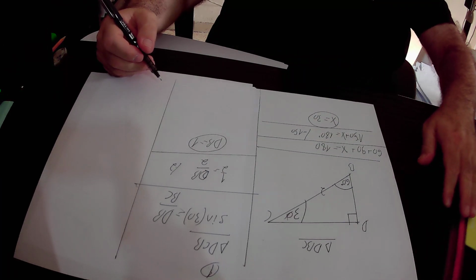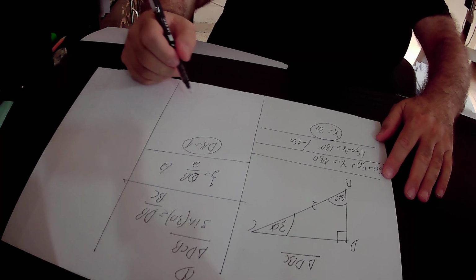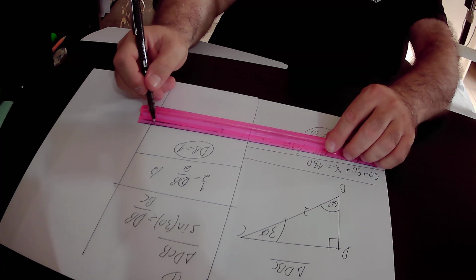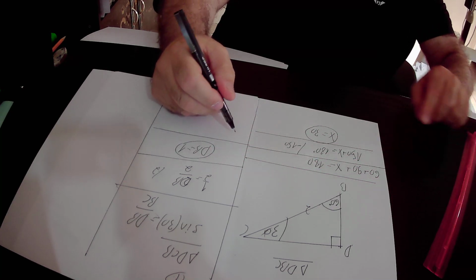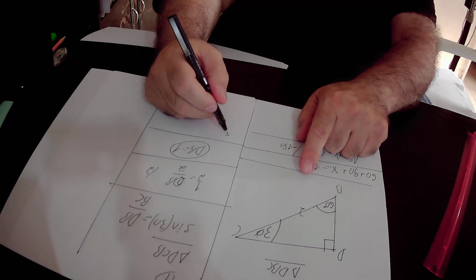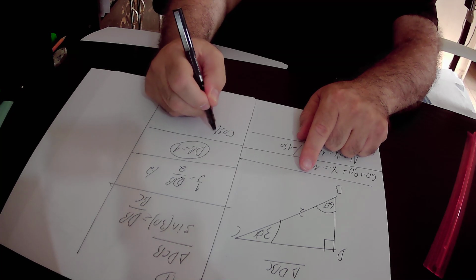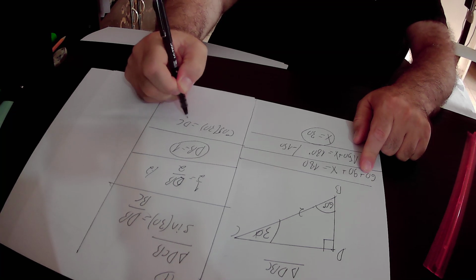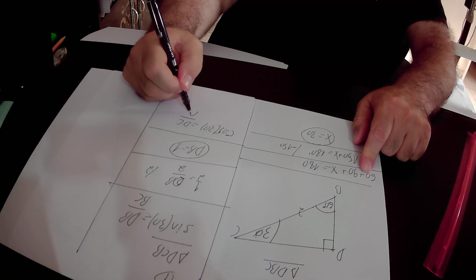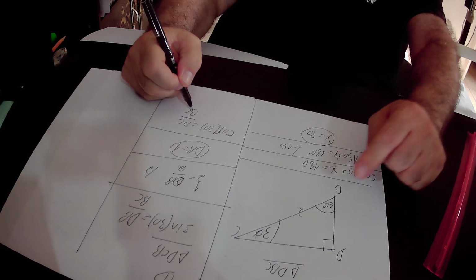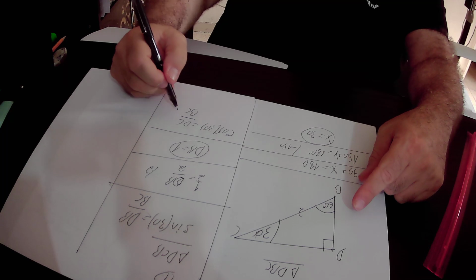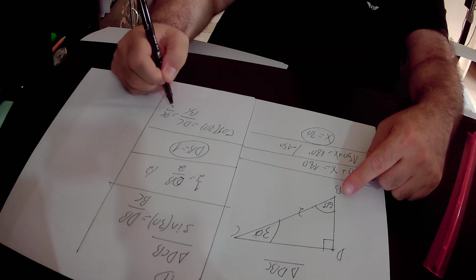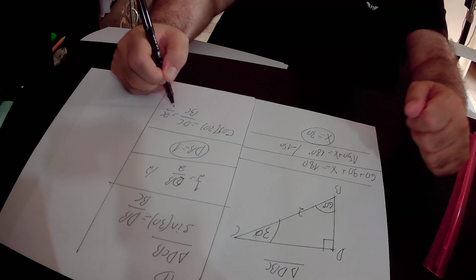We continue to focus on the right triangle DBC. In the right triangle DBC, it's very easy to see from the drawing that cosine 30 degrees is equal to DC over BC. So cosine 30 degrees equals DC over 2, since BC is 2.